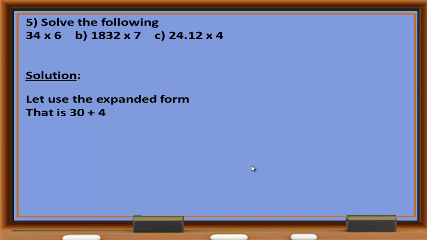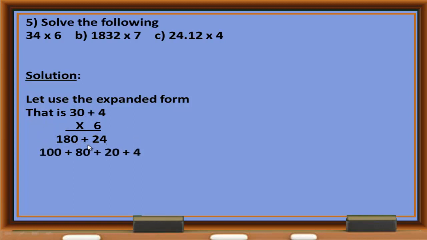That is 30 plus 4 times 6. Then 6 times 4 is 24, plus 6 times 30 is 180.